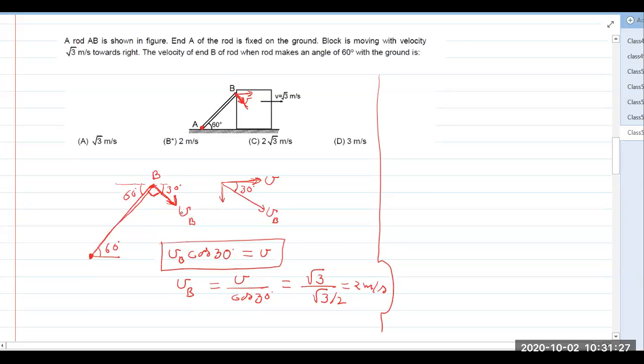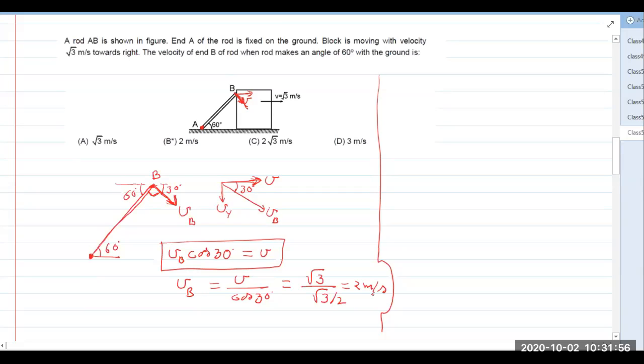From there we have written VB for point B, and VB will have a component along the vertical as well as the horizontal. In the horizontal direction we can write VB cos 30, and the vertical will have some value VB sin 30, but that is not required. So v will be equal to VB cos 30, and VB will be v by cos 30. So we finally get 2 meters per second. Okay, this is one approach.